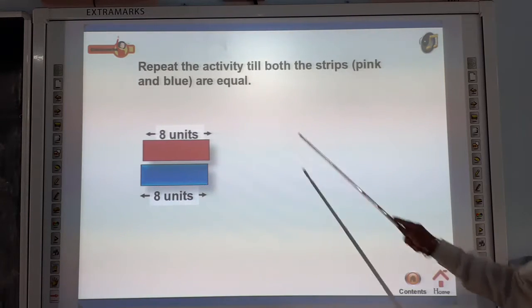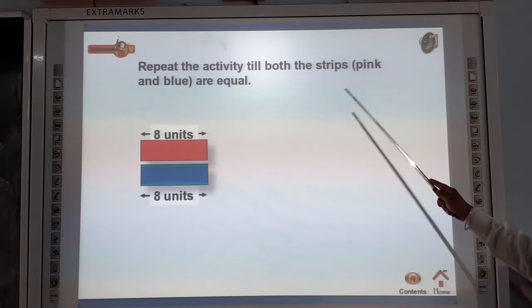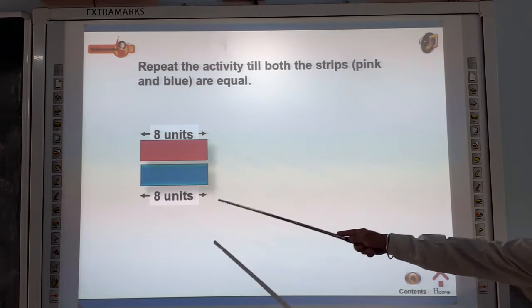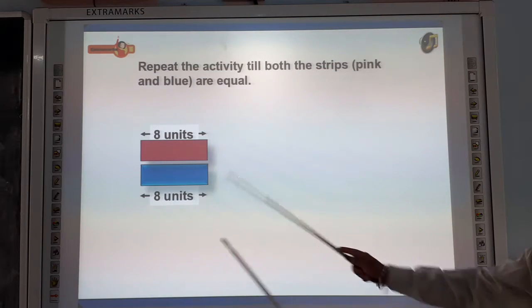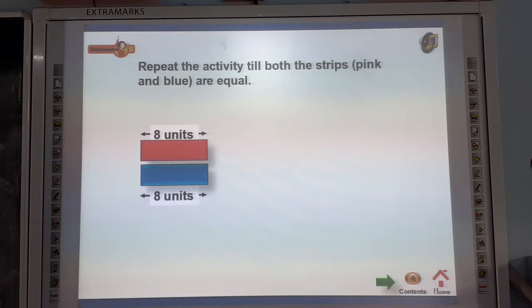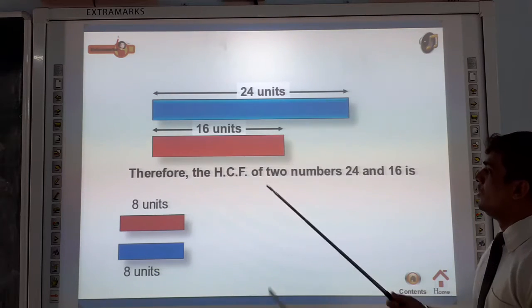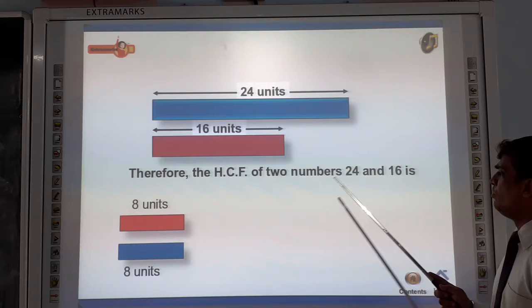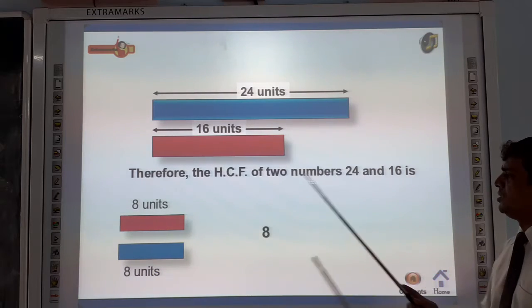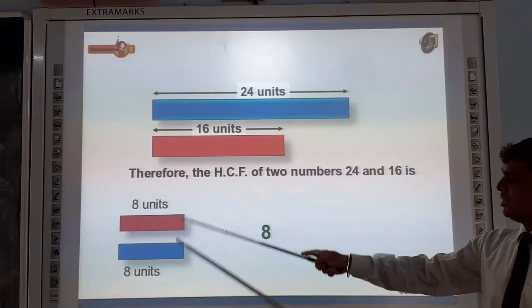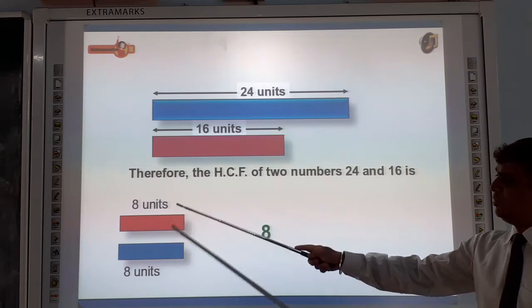Show the diagram. Repeat the activity till both the pink and blue strips are equal. Look at this. Therefore, the HCF of the two numbers 24 and 16 is the length at which both strips are the same, pink and blue, 8 units.